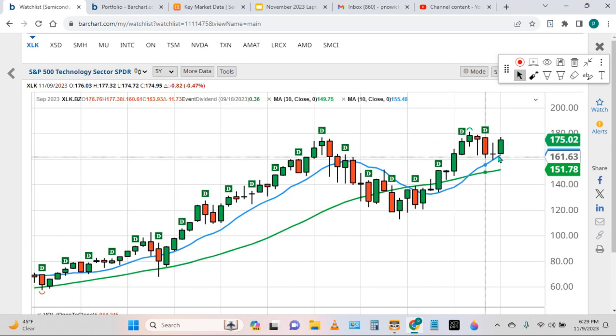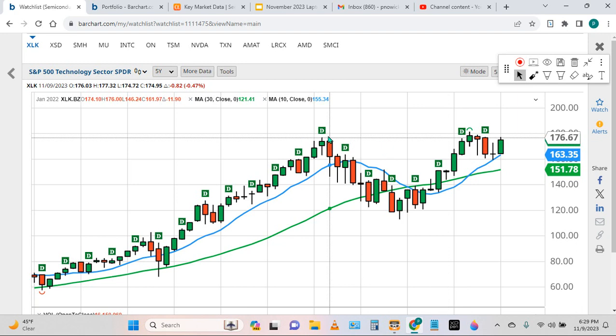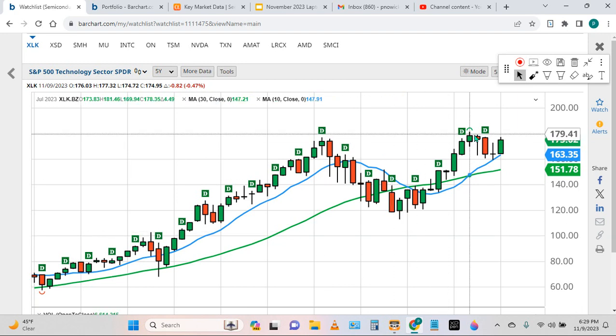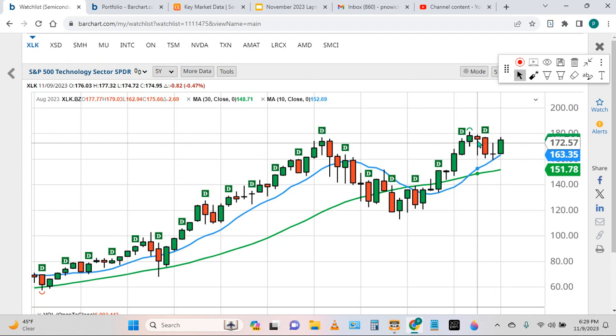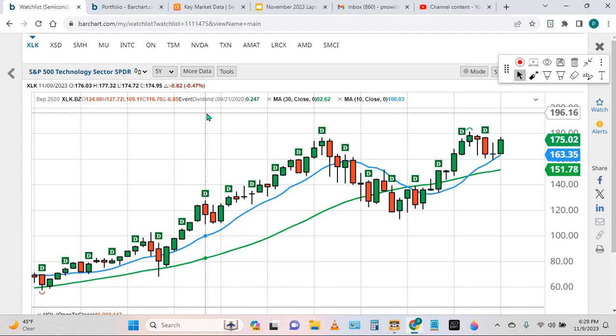So we're kind of trading back here towards all-time highs. We had the run up in 2023, sell off in 2022, and then we've had this correction, right? We corrected through price and time, and now in November, we've had a very strong November in semiconductors in general.